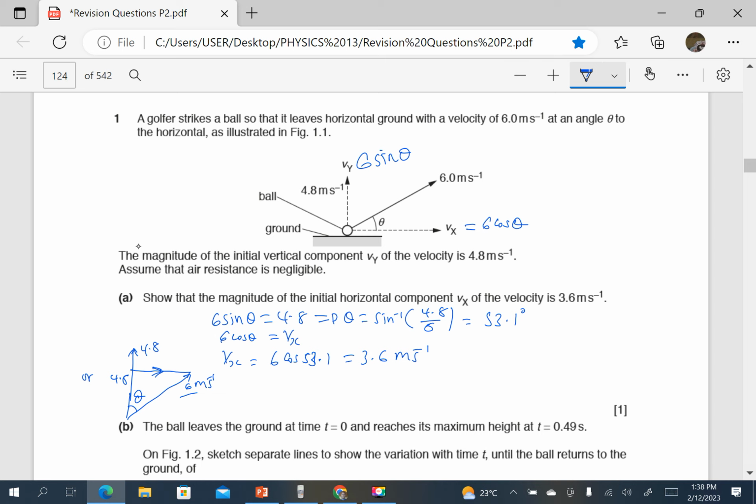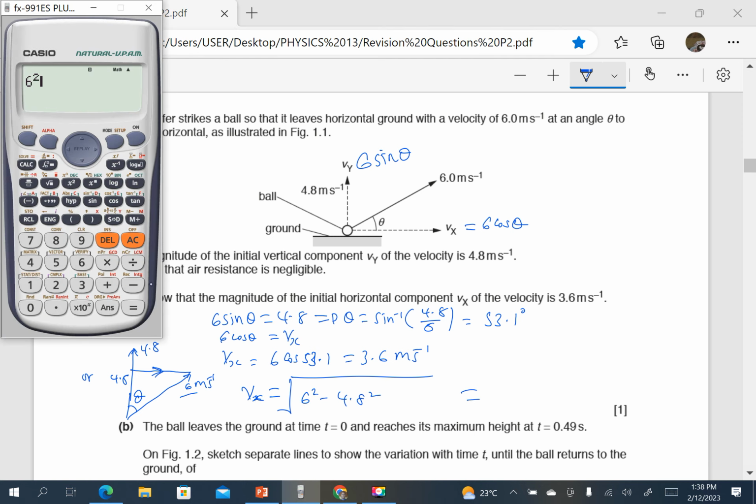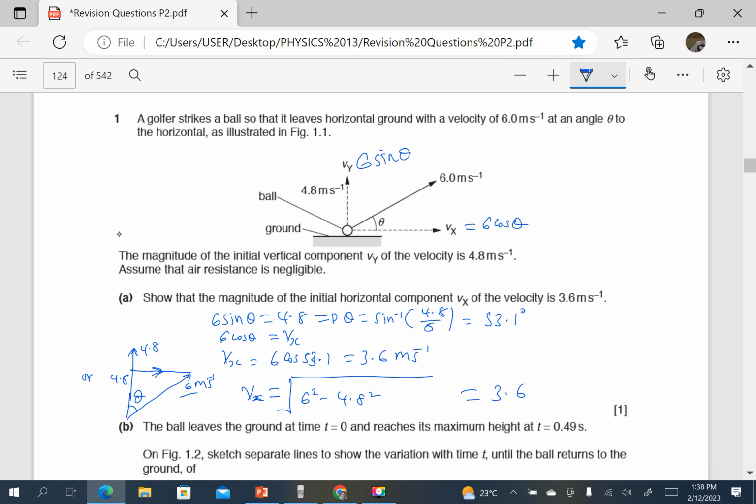Vx is going to be the square root of 6 squared minus 4.8 squared, which is 3.6. Exactly, 3.6 meters per second.